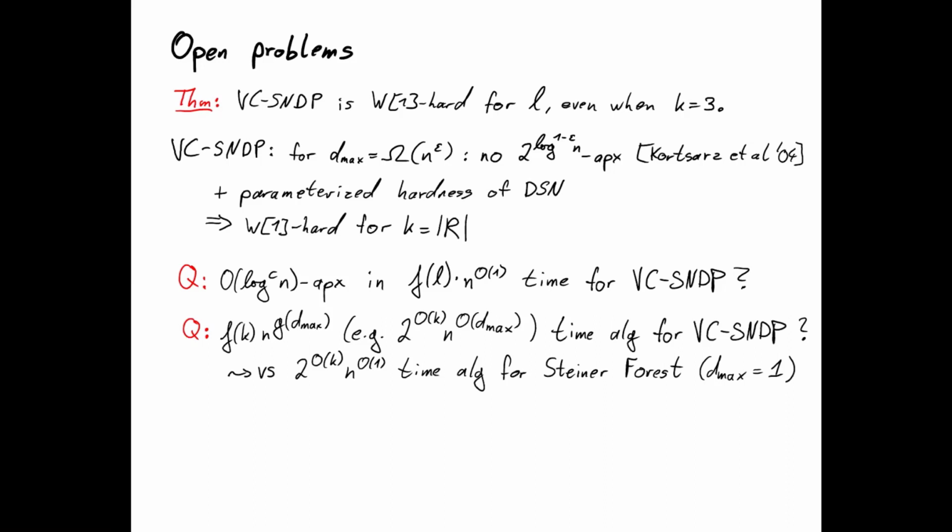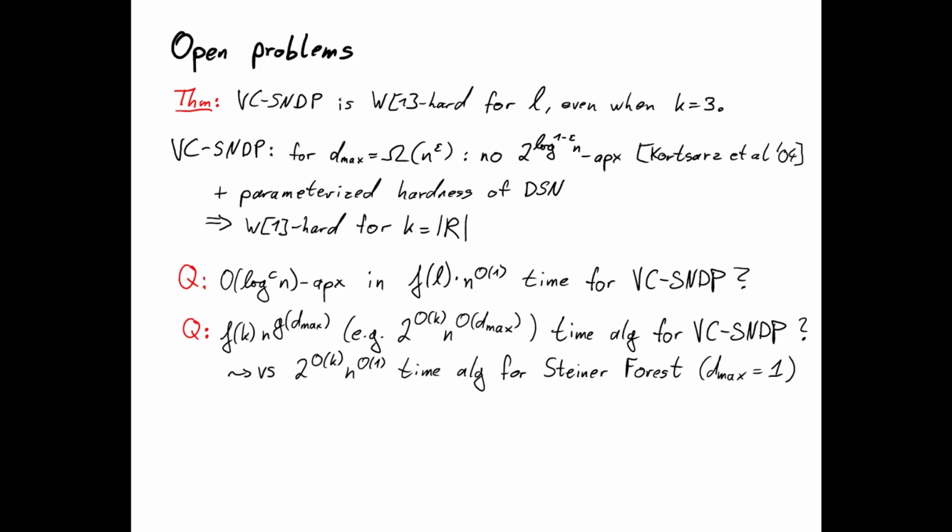Another interesting observation is that, okay, so we had these two parameterized hardness results for vertex connectivity. One was for solution size and the other for number of terminals. But the thing is, none of these results excludes an FPT algorithm of the form f of the number of terminals times an XP running time in the maximum demand.